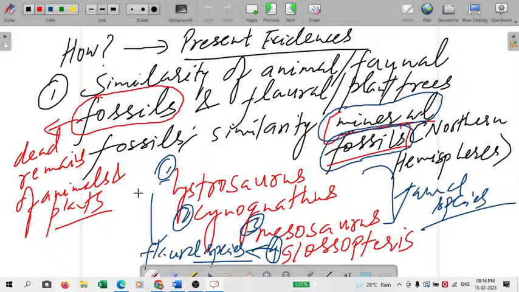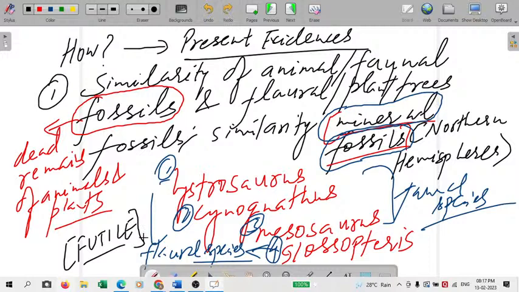Lystrosaurus, Sinognathus, Mesosaurus and Glossopteris were also termed futile and criticized. Spelling is on the board.